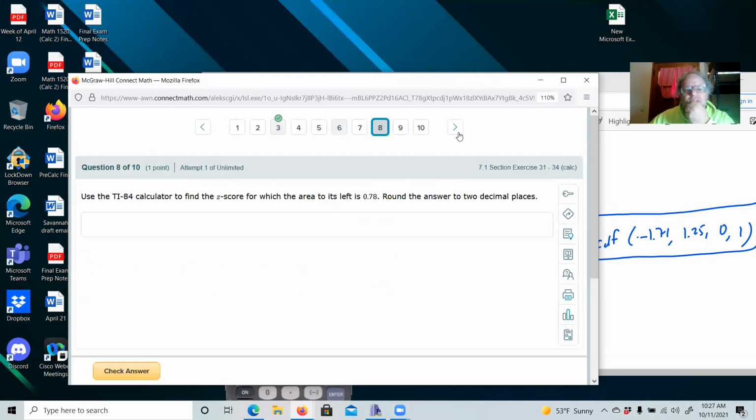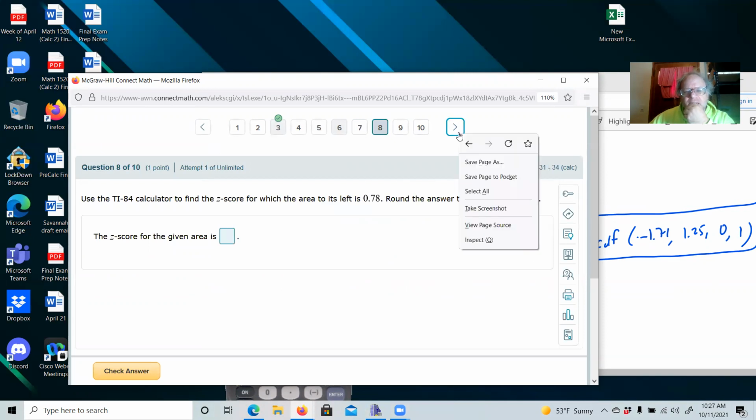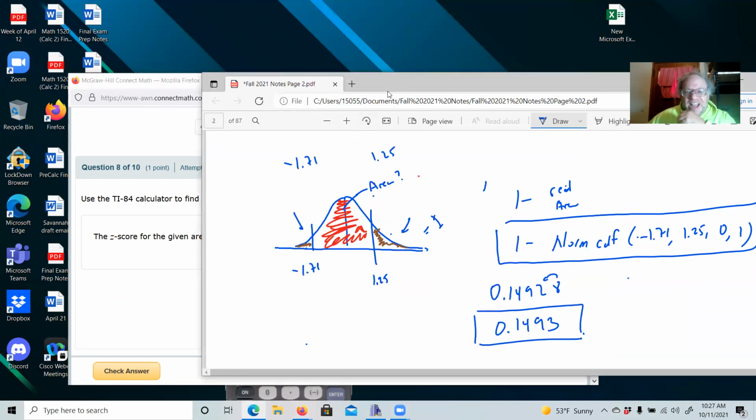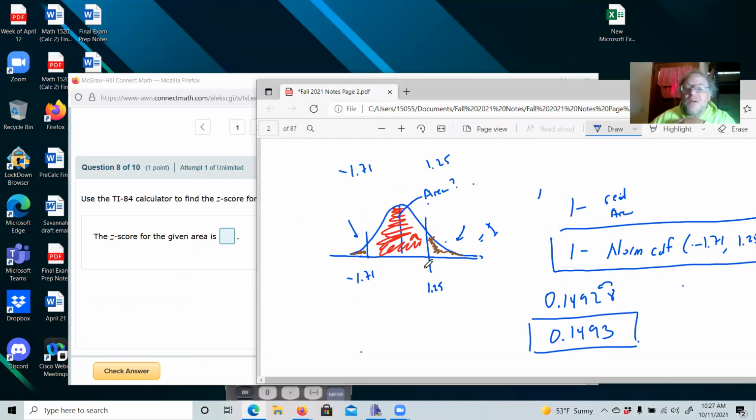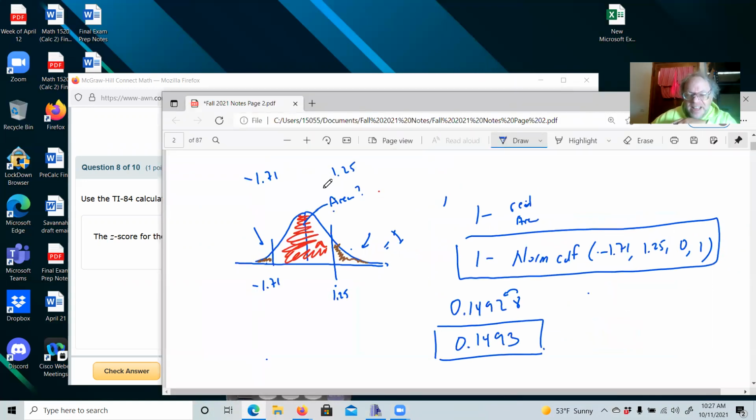Let's keep moving here. See what else we have. Find the z-score for the area left of 0.78. Okay, so before they gave us the z-scores, and they said find the area. Okay, so here we go.